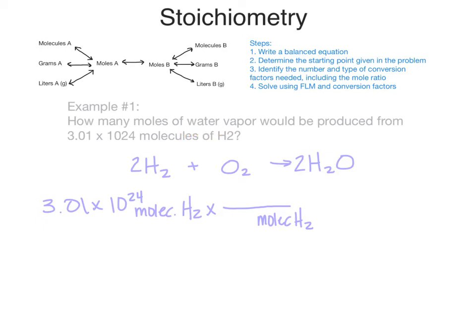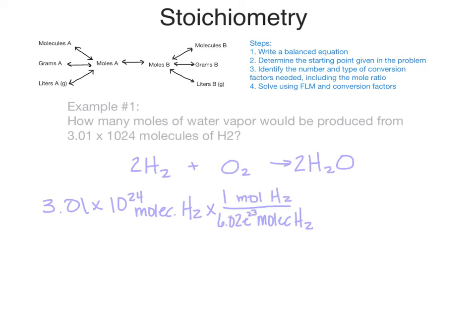So I need to be able to make the transfer, and that's where my mole ratio step is going to come in. So I need to determine the starting point, which is my molecules of A, and then I'm going to have 1 conversion factor to get me to moles of A, and then 1 more conversion factor to get to my moles of B, which is going to be my final answer.